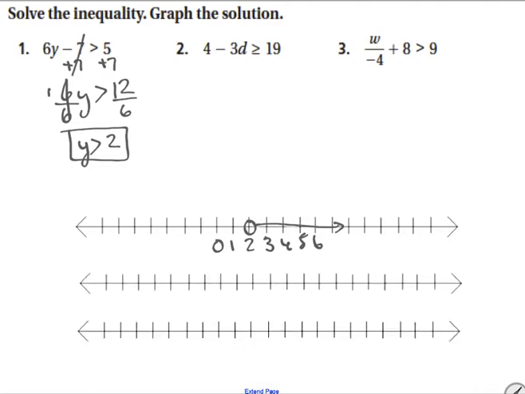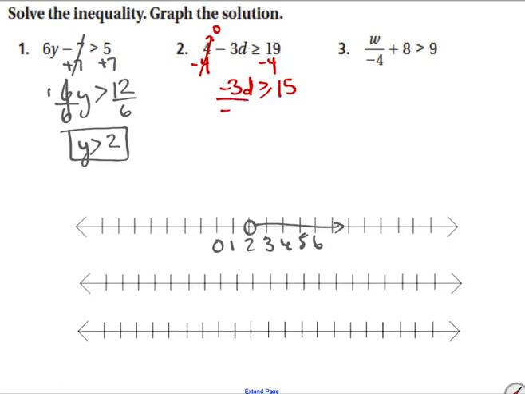Okay, next. 4 minus 3d greater than or equal to 19. I get rid of the 4 with a negative 4. That gives me the 0. Negative 3d, just bringing it straight down, is greater than or equal to 15. Next, I need to get the d by itself.